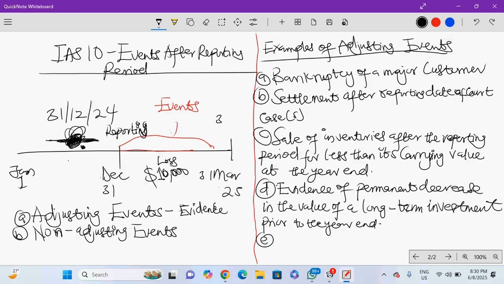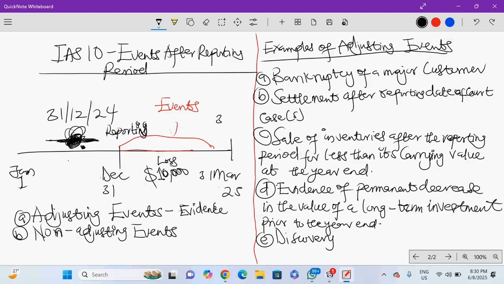One of the adjusting events is also discovery of fraud or error. If you see fraud or error in a particular transaction, just know that it's an adjusting event. We can't overlook fraud or an error.